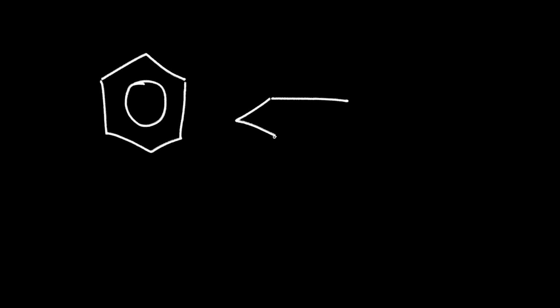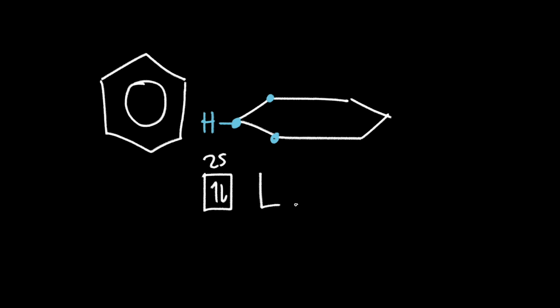So benzene is a flat molecule. All of the carbon atoms are in the same plane, and each carbon is bonded to two others and a hydrogen. As I expect you know, carbon has 4 electrons in its outer shell. So we've got 2 electrons in the 2s, and here we have the 2p.